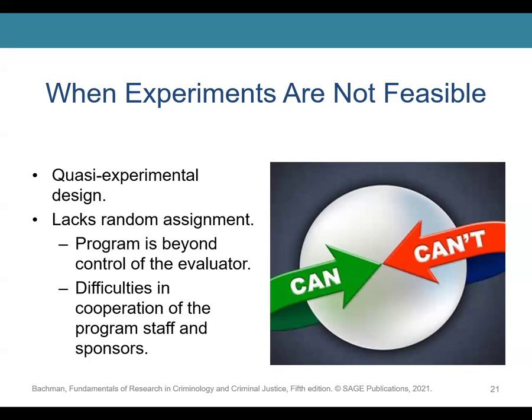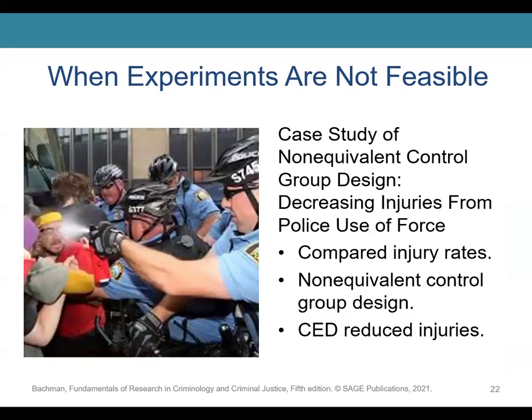The difficulty is obtaining the cooperation of the program staff and the sponsors, which is often an obstacle in evaluation research. So that in and of itself makes it difficult, and why sometimes it's not utilized as much, because trying to get the information back is difficult. So it's not really used that much.